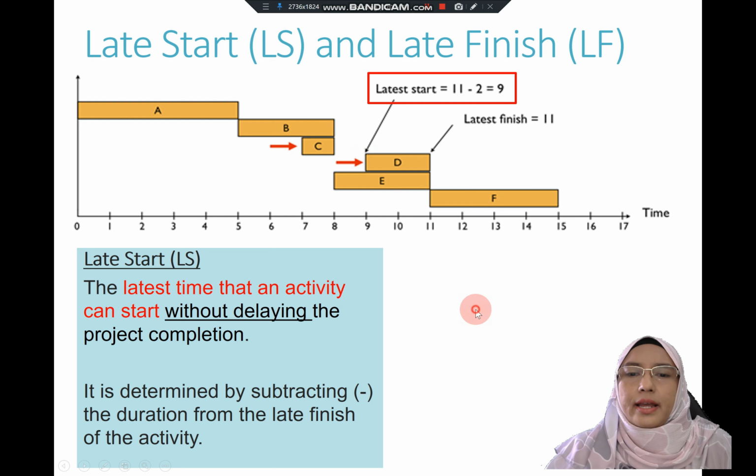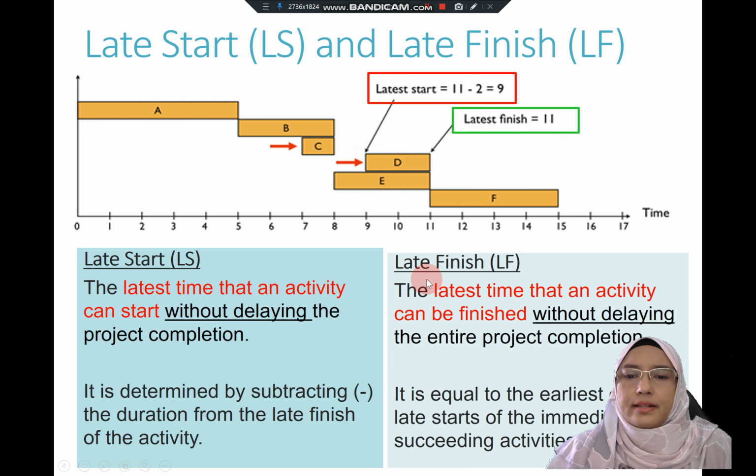So activity D can finish as late as 9 plus 2, which is week 11. This is the latest finish at which the activity can complete. Later than this, it will affect the entire project duration.